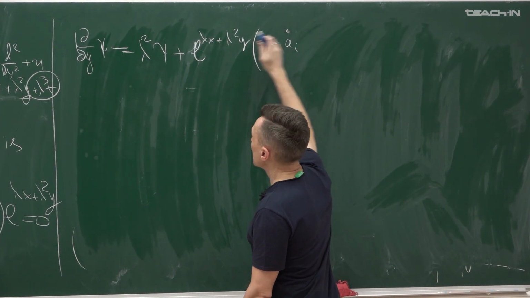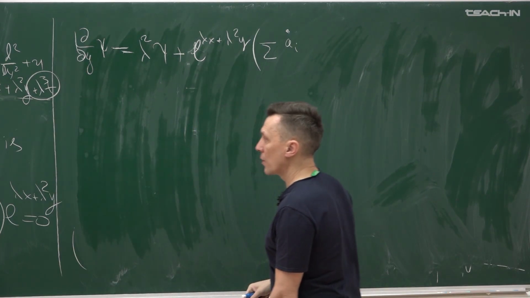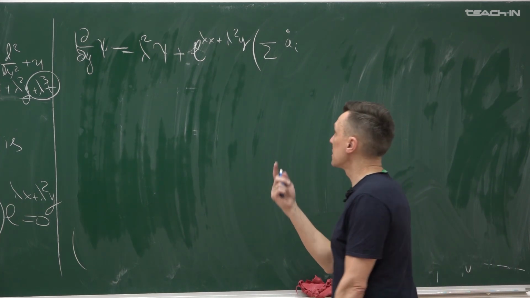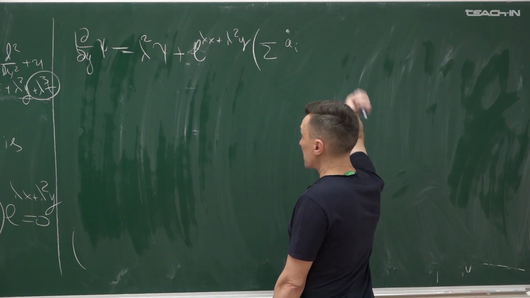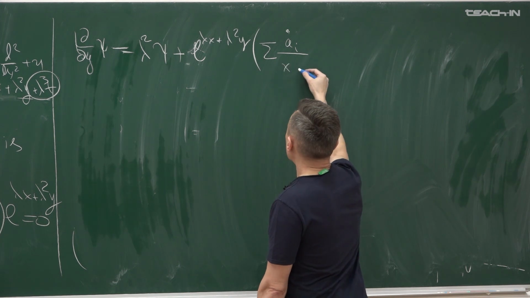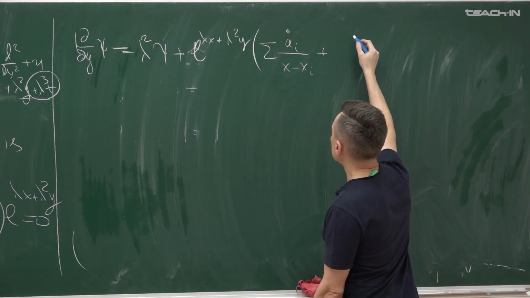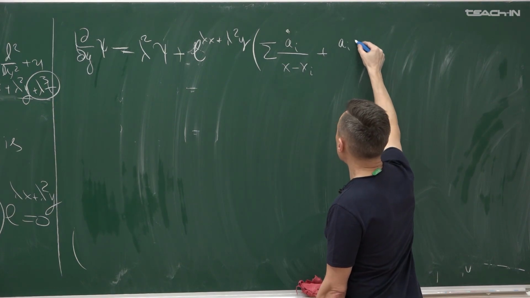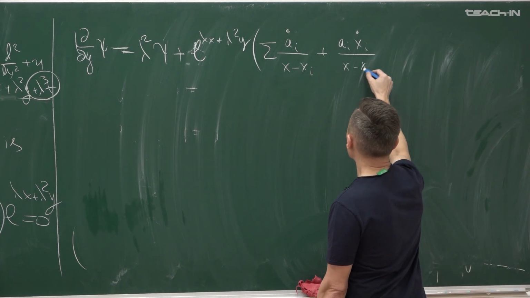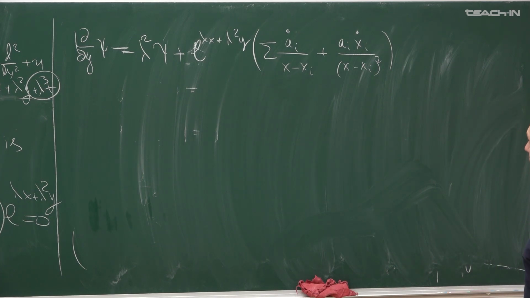I will denote this dot as derivation with respect to y. So my time here is y. So it is the time of the Calogero-Moser system. I will compare it with the differentiation on y, plus ai x I dot over x minus xi squared. Do you agree?